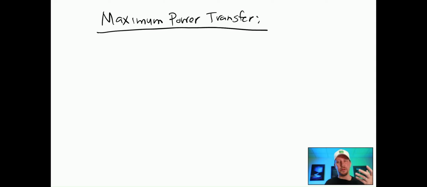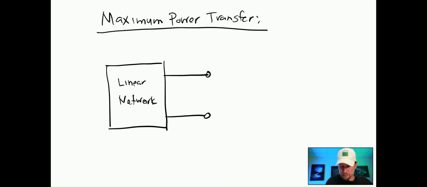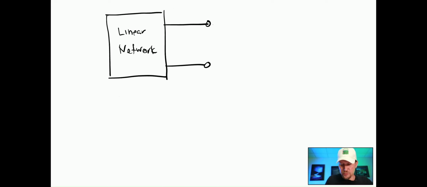And let's begin with the diagram. So suppose that we had here some sort of linear network. It has two terminals here, for which we can actually hook up a load. And in general, we actually have some sort of load impedance now, right? It's not just a resistance anymore, right?